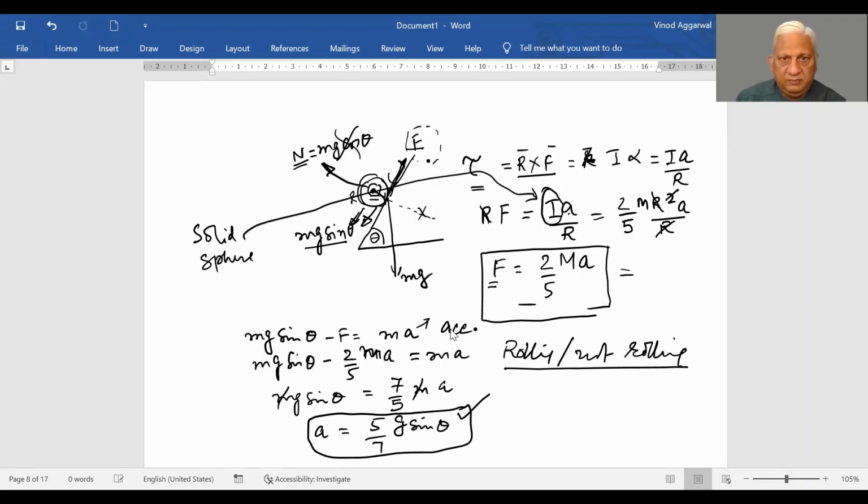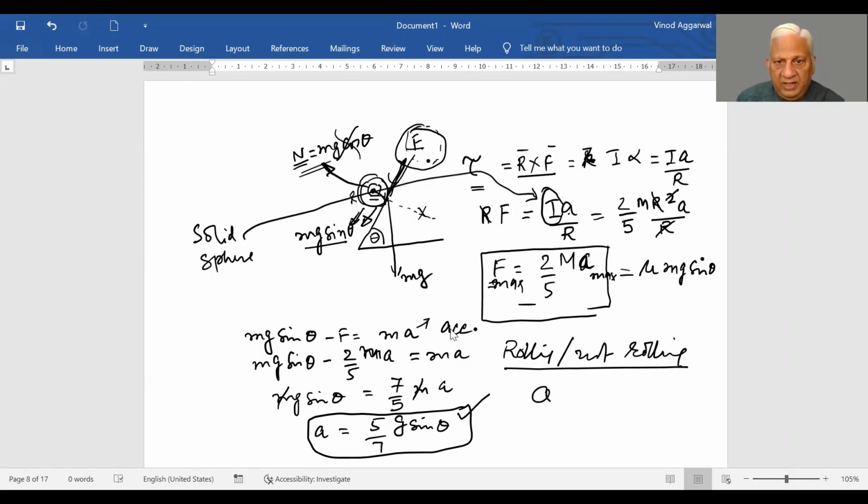And what is the maximum friction that can be generated on a moving body? This is nothing but mu times normal force, and normal force is mg sine theta. That means if we talk about maximum frictional force that can be possible is this, that means the maximum acceleration that we can get is this.